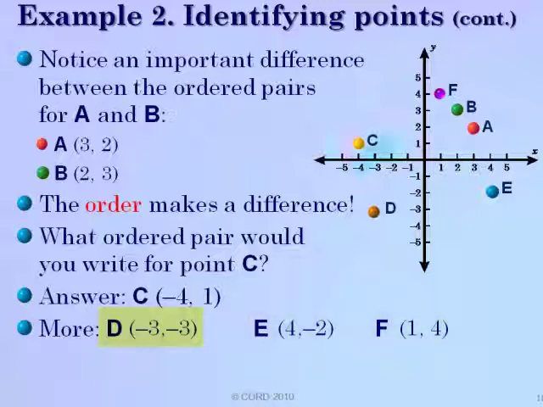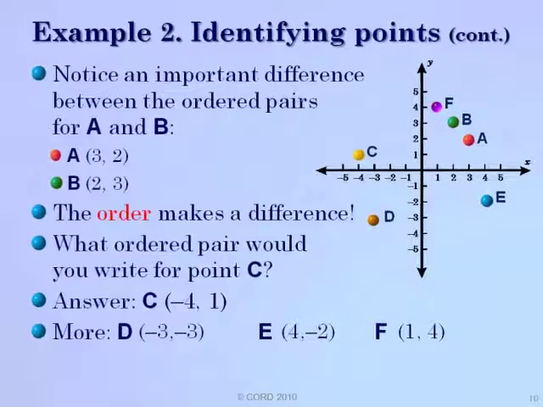D is minus 3 over and minus 3 down, so it's minus 3, minus 3. E is over 4 and then down 2, so it's 4, negative 2. F is another one up in the top corner there, and that's over 1 and up 4. So that would be 1, 4.